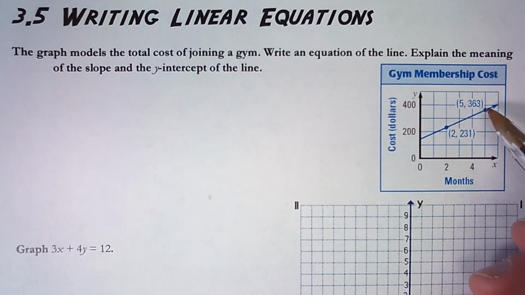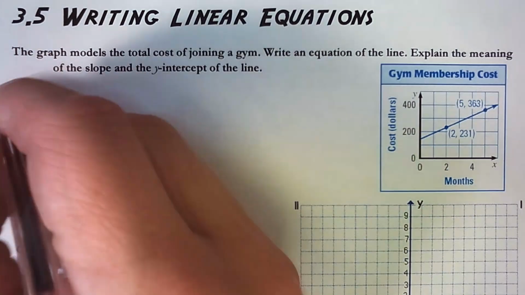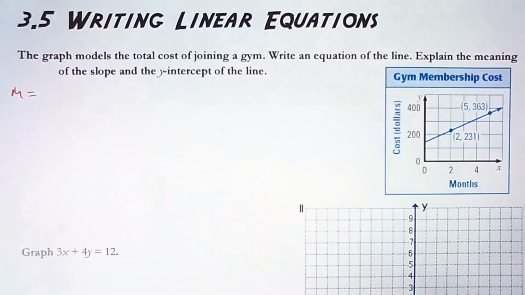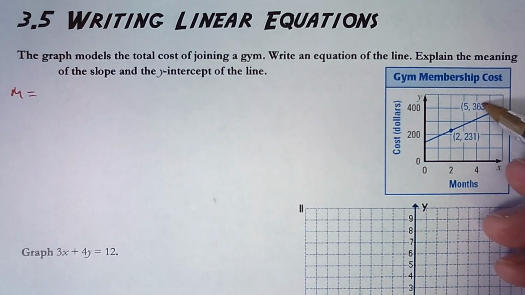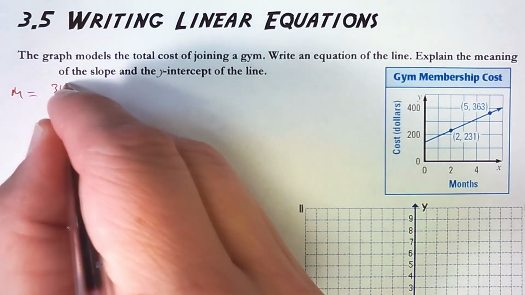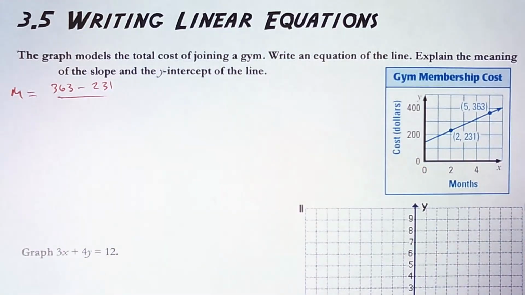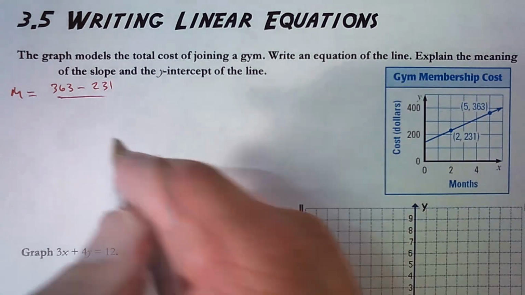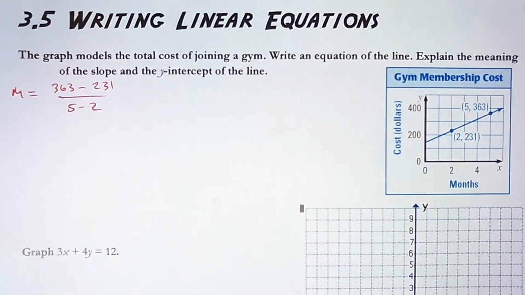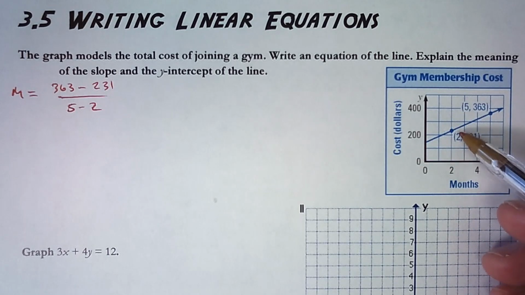So I need a slope, m equals, and then I've got y minus y, 363 minus 231 over 5 minus 2. Now what these numbers mean is that after 2 months, you've spent $231 on this gym membership.